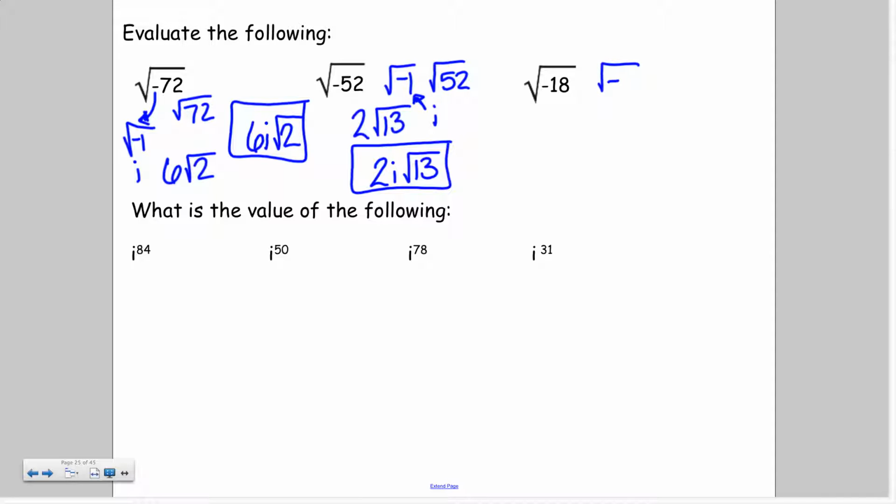We have the square root of negative 1, square root of 18. So then we're going to take 9 and 2 as your factors that we'll simplify down. 9 is a perfect square, so it's 3 square root of 2. And then we have the i, so it'll be 3i square root of 2.